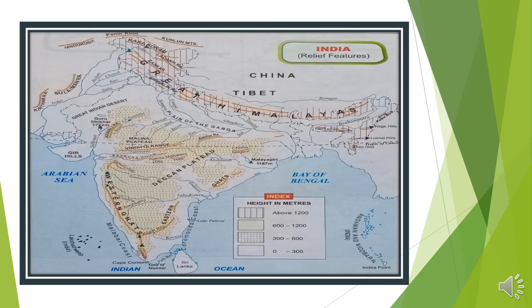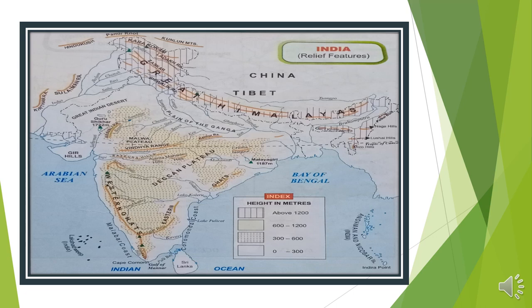The northern part of the country is covered by the Great Himalayas, and it is called the Himalaya mountain. After the Himalaya mountain, the northern plain area is formed, and after that the peninsular plateau. Today we are going to discuss the Indian desert, and you can see on your map the Great Indian Desert located in the western part of the Aravalli range.